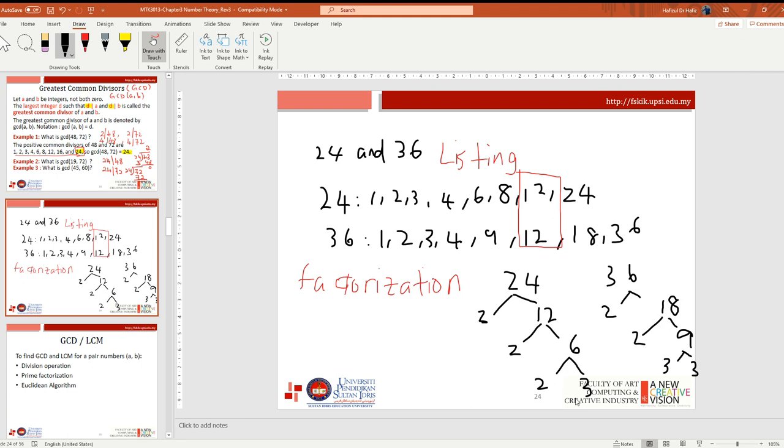And then for the prime factors that are common, we have 2 multiplied by 2 multiplied by 3, which is equivalent to 12. This one we can use the factorization.